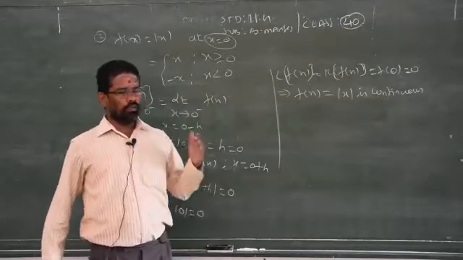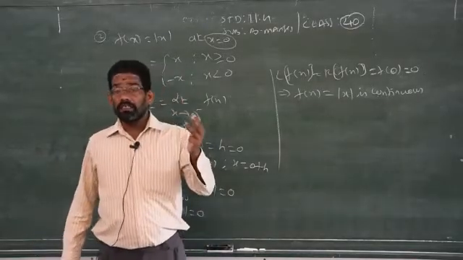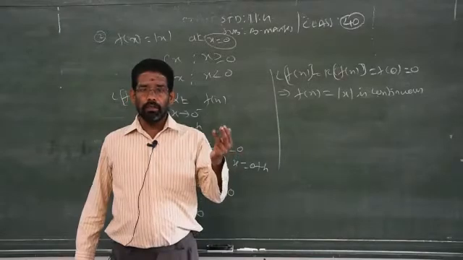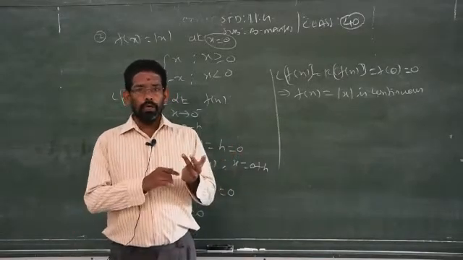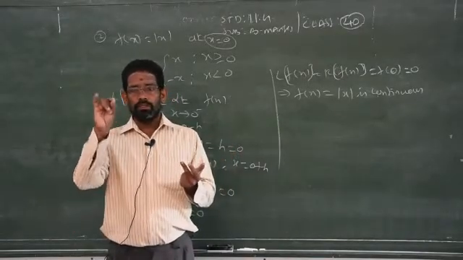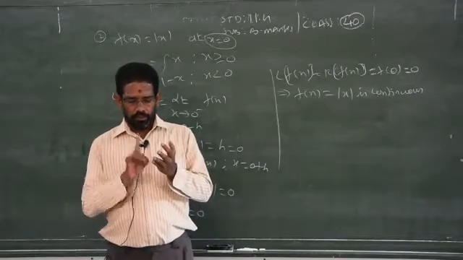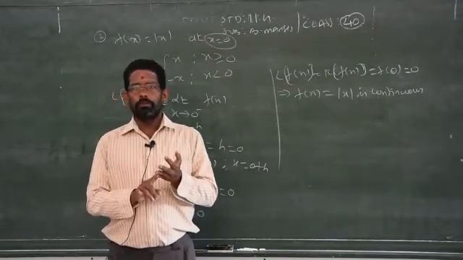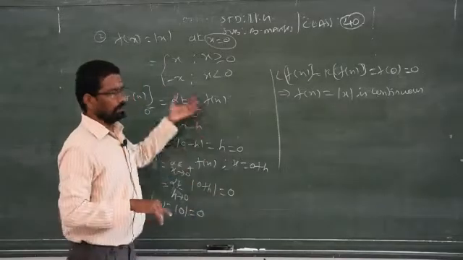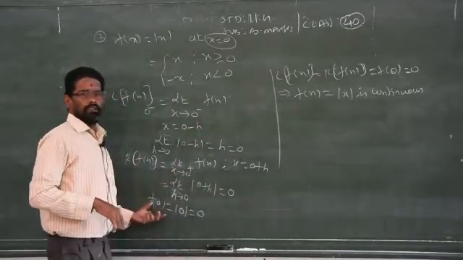So I just recollect how to find out the existence, left hand limit, right hand limit. When these two are equal, then you have to say the function has existence. Clear? For existence of the given function, you must prove left hand limit, this is the process. Right hand limit, this is the process.